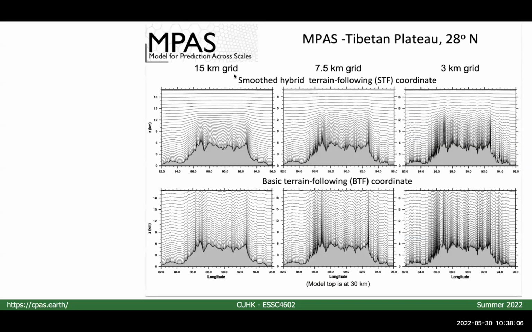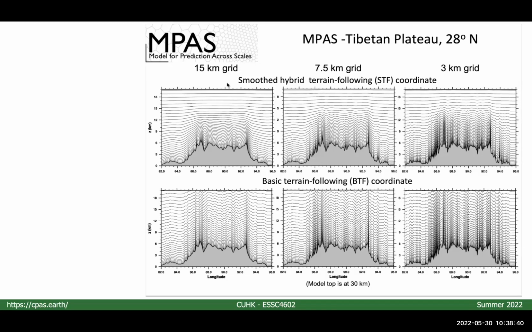And this slide is also from the MPAS tutorial. It compares the smoothed vertical coordinates, smoothed here, and then the basic one. And then it compares the cases of using different horizontal resolutions. If the grid spacing is 15 km, you see this column of plotting; the grid you are using is like this one, the upper row.